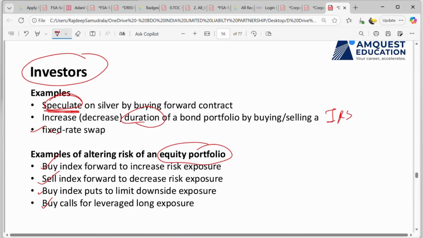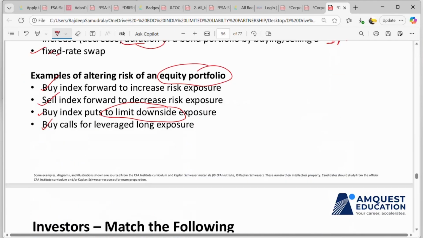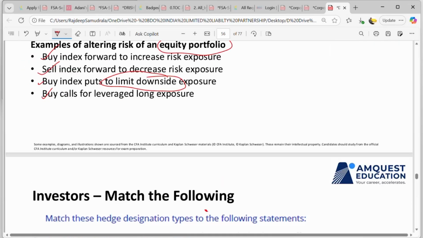Let's say you feel it may fall below a certain level, so you'll say, okay, I don't want it to fall below a certain level, so I'm putting a limit on downside exposure. Or I can go for leveraged long, that is, buying with margin. Now remember, investors normally are using margins and derivatives as a way of speculating. That is dangerous, but you're still trying to make sure that you're making a higher profit at a lower cost.